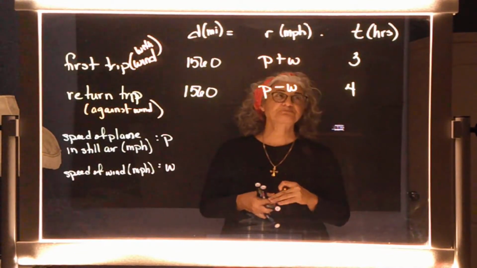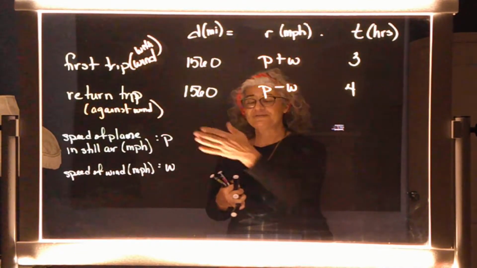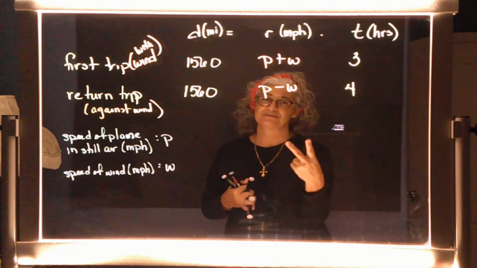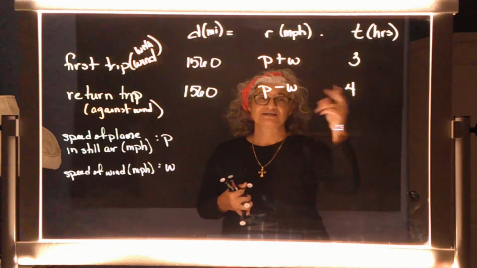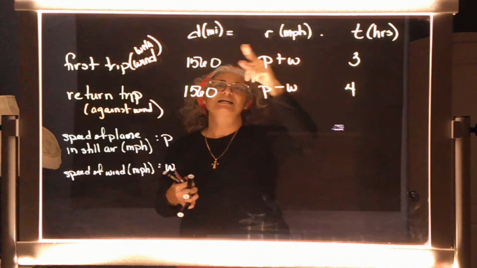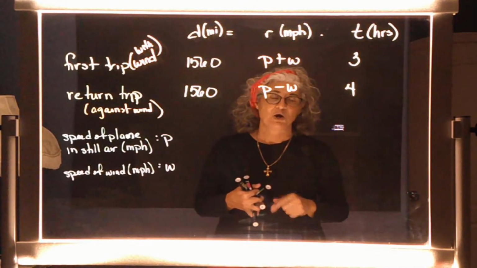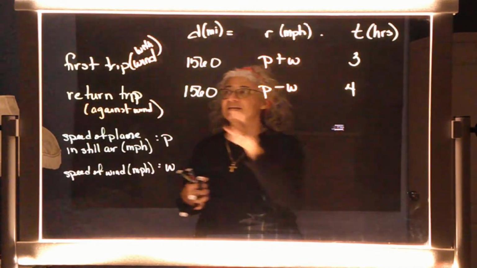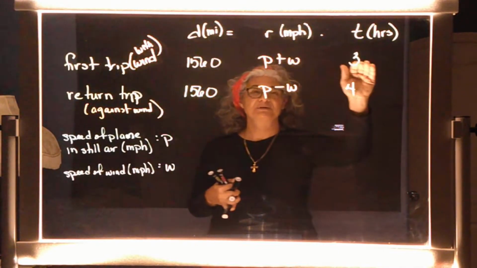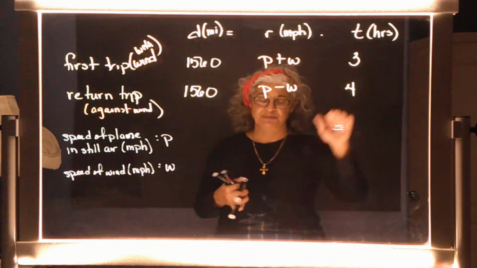Agreed? Okay. And now, how many variables? 2. How many equations? 2. And the formula tells you how to set it up, doesn't it? D equals R times T. One equation is going to represent that first trip. The second equation is going to represent the return trip.